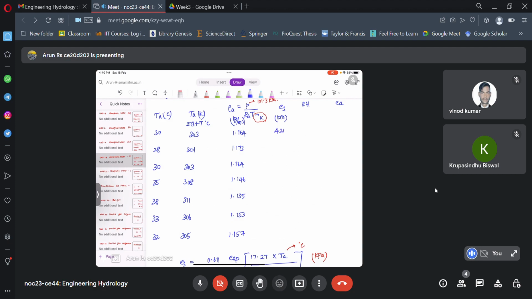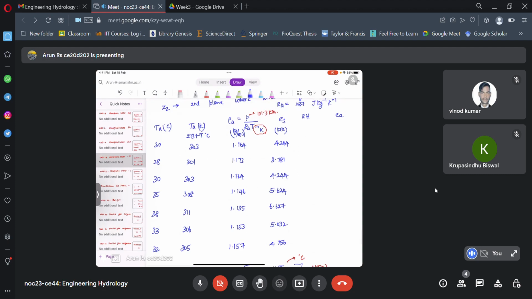I have 4.244, 3.781, again 4.244, 5.624, 6.627, 5.032, 4.756. So relative humidity is given in the question.